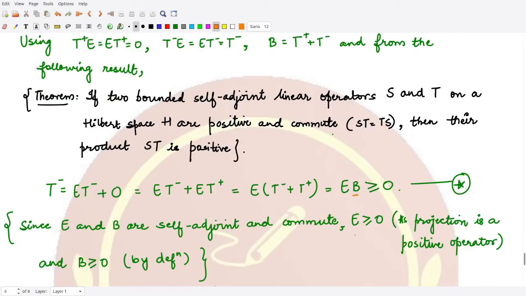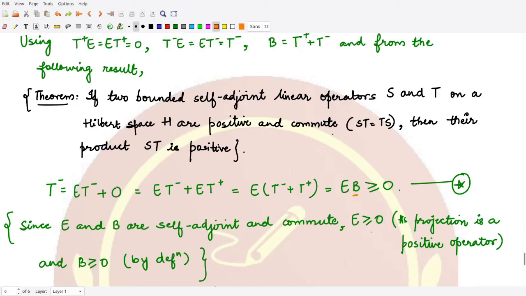Now E is a positive operator, being a projection, because every projection is a positive operator, and B is also a positive operator. Why? Because we have defined it to be the positive square root of the T square operator, according to the definition. Both of them are positive operators, and because we know EB is equal to BE, they commute with each other and they are bounded as well as self-adjoint.